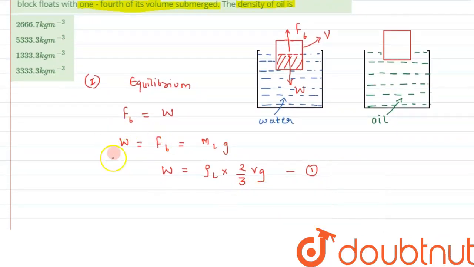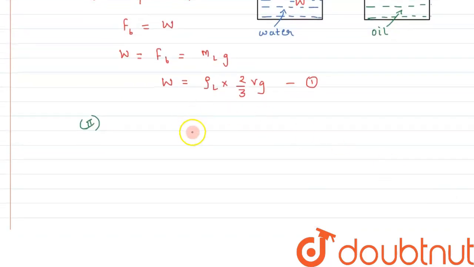A similar case we will follow for the second case. Here the same block is now submerged in the oil. Again, under equilibrium, the weight of the block will be equal to the buoyant force. Now the buoyant force will be different because the liquid is oil.